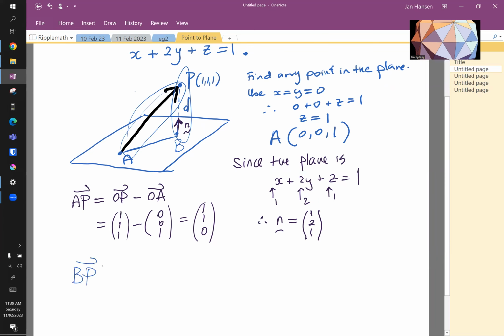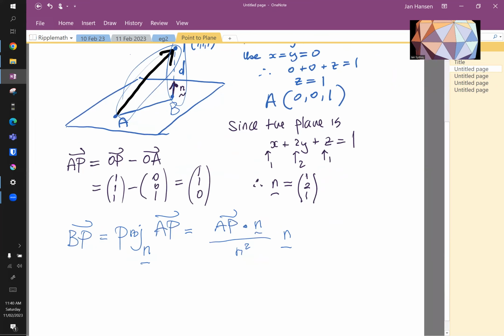So BP, using the projection formula, is the projection of AP onto N. If you may or may not recall the formula, there is another video on this. It's AP dot N over N squared, where N is the magnitude of the vector N, in the direction of N. What you do now is dot product.